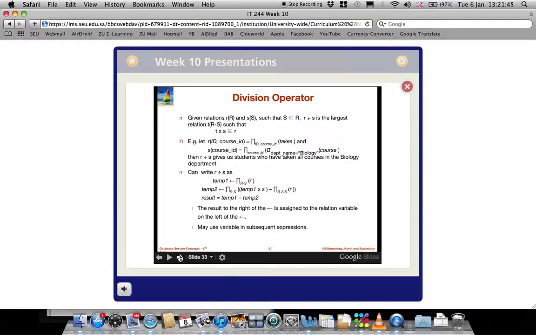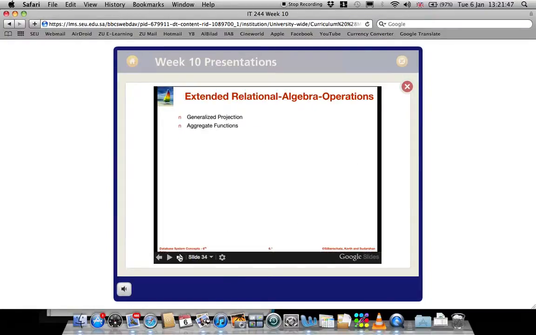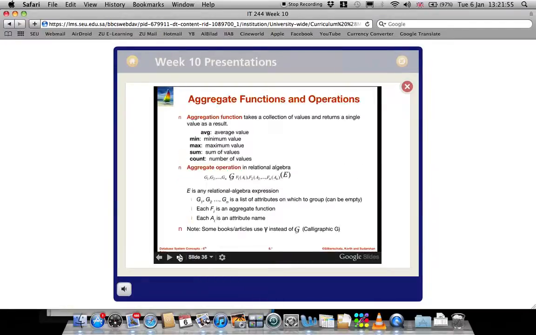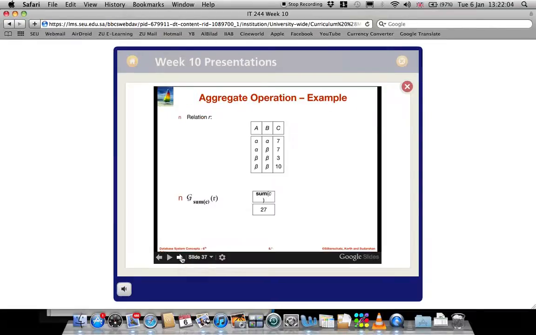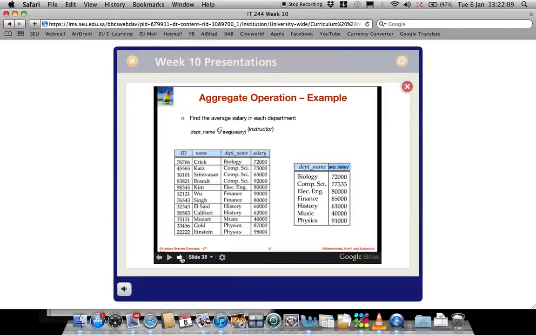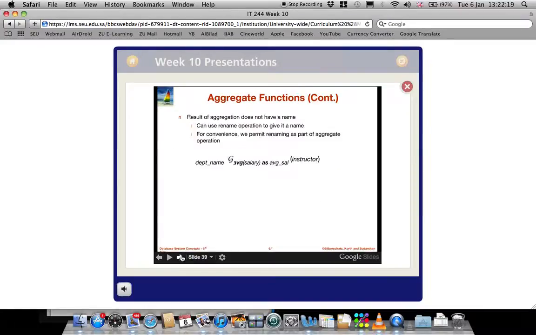Division operator, don't worry about this. Generalized projection and aggregation, please read them. Just know what aggregate operation means, without needing to look at the examples.